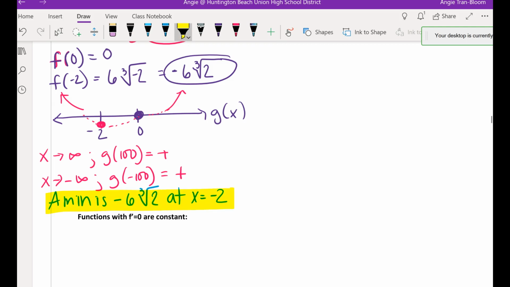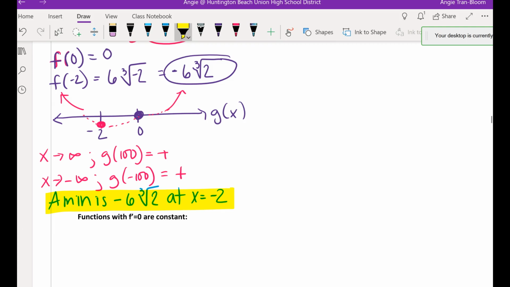Is it anything? Does it fit the definition of min and max? Remember, min means just like this. On both sides of it, it's bigger, right? Max means both sides lower. Does it fit the definition of min or max? No. So therefore, there's nothing. 0 doesn't function.